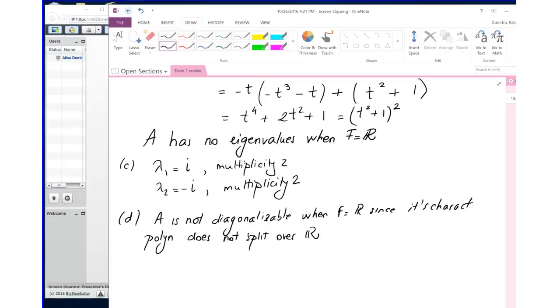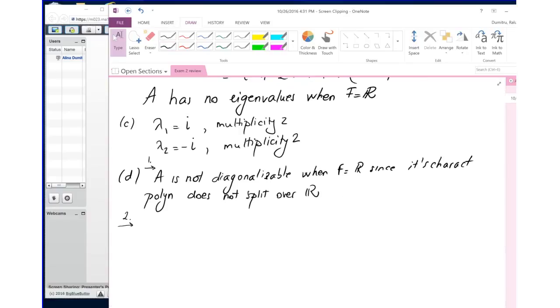Second part of question D: is A diagonalizable when F is C? Okay, so that would be part 1. Part 2. All right, so now that's a different story, right? Because over C we have 4 eigenvalues, actually 2 of multiplicity 2 each. So we can continue those arguments and actually look into the eigenspace for each of those eigenvalues and see if it is diagonalizable or not, right?